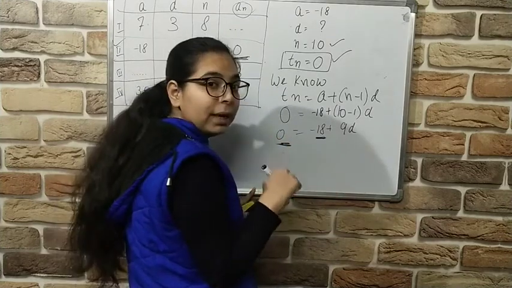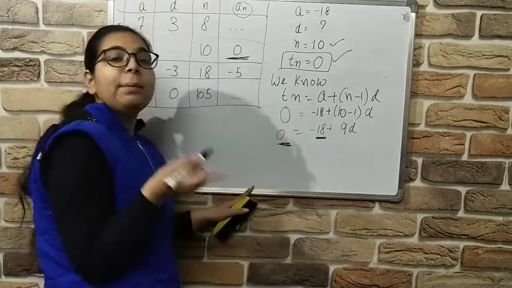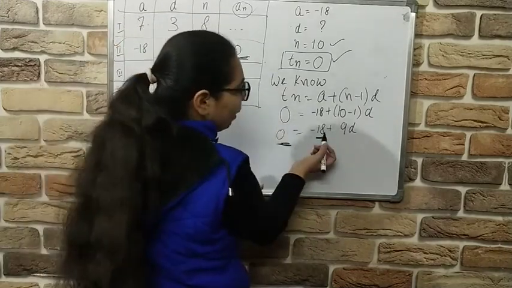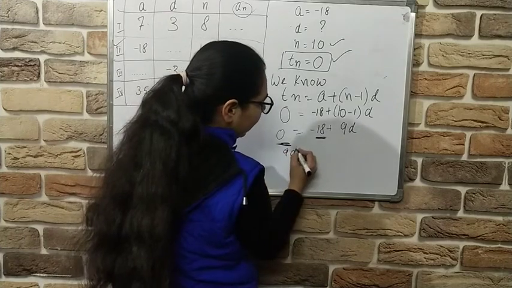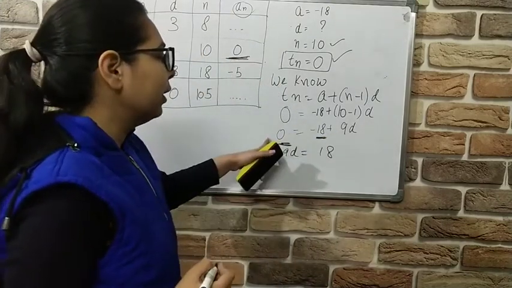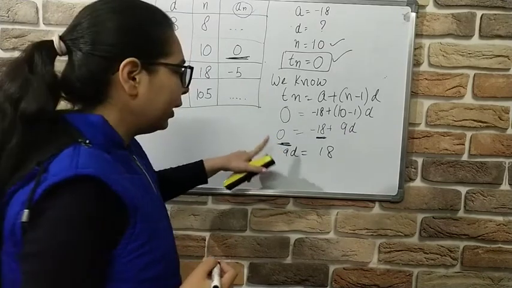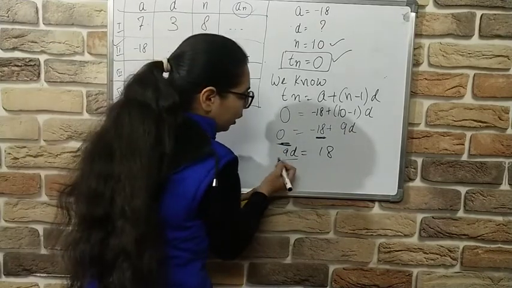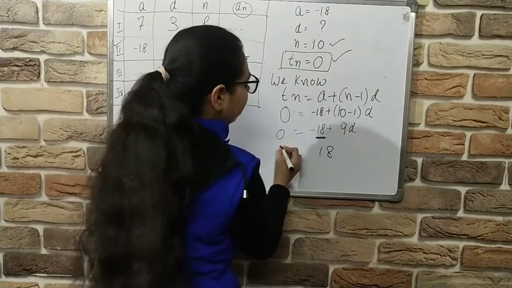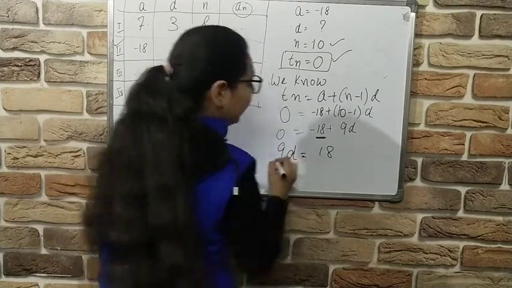That is, plus becomes minus, minus becomes plus, multiplication becomes division, and division becomes multiplication. So that rule is applied over here. We have 9d equals 18, because 18 comes over here and becomes positive. Now 9d is equal to 18. Now see, this is 9d, that means 9 into d.